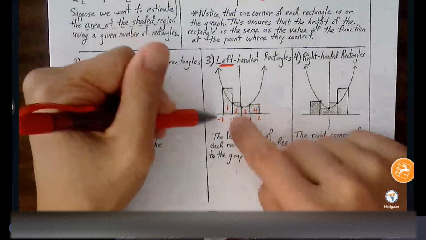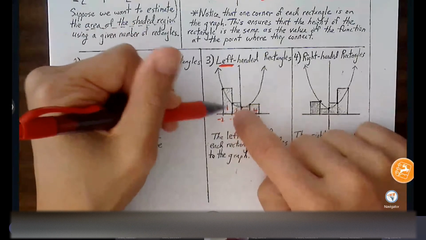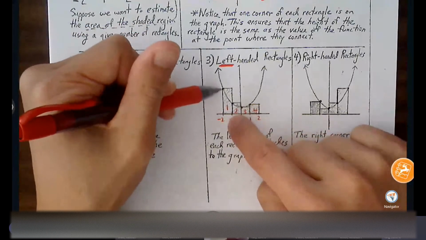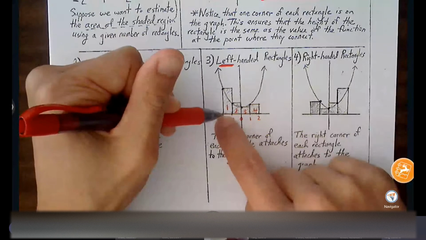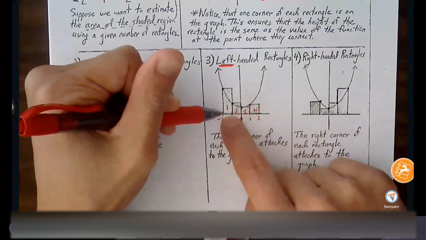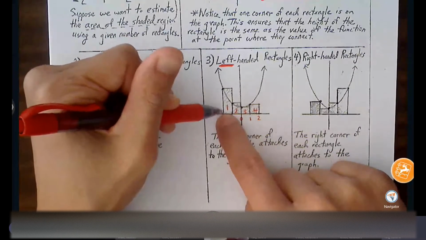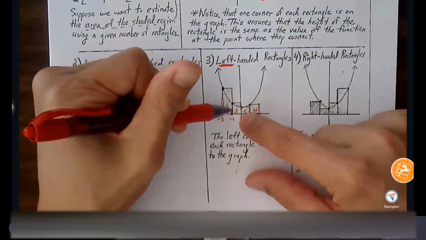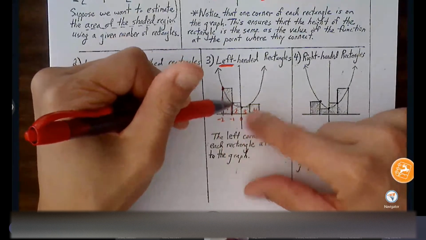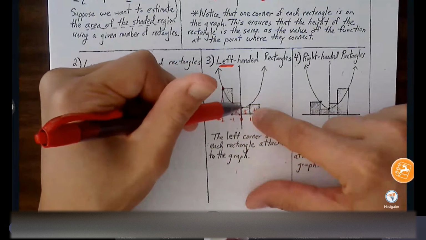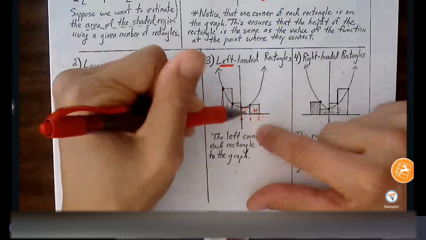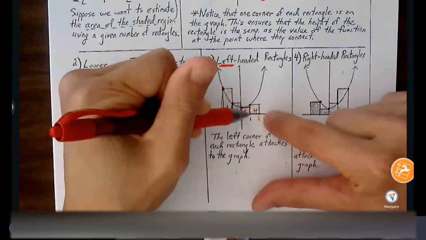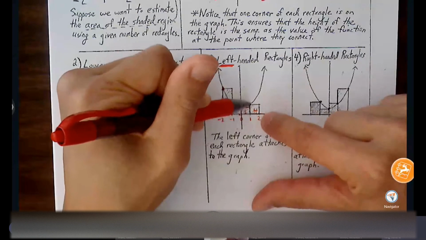So for the first subinterval, instead of deciding between left and right, we're always going to choose the left one. So here the first subinterval has a left endpoint at -2, so we'll do f of -2. Between -1 and 0, we know -1 is going to be the left of the second interval, and then we're going to choose the left endpoint for the third rectangle, and for the fourth rectangle, we'll also choose left.